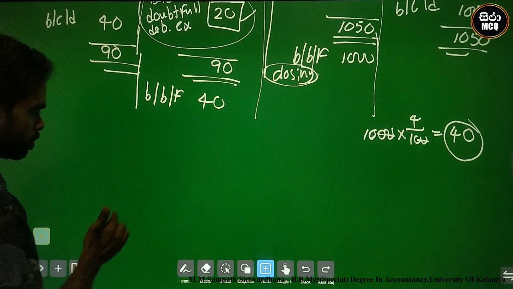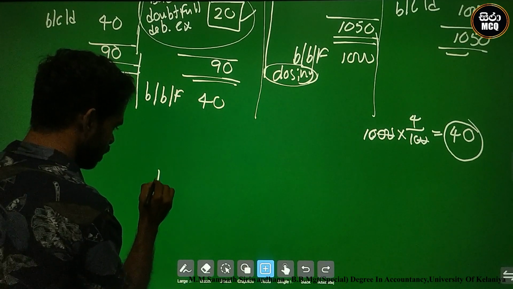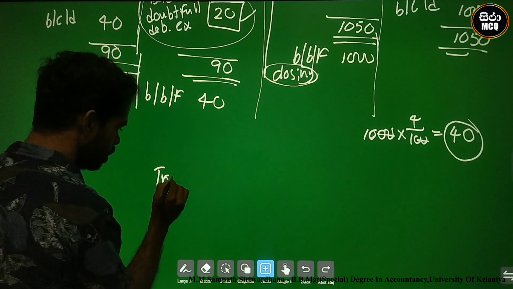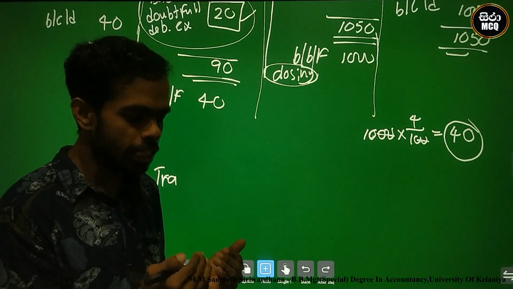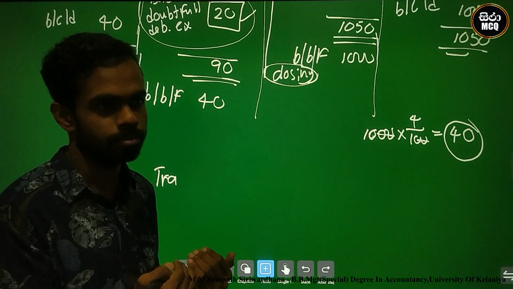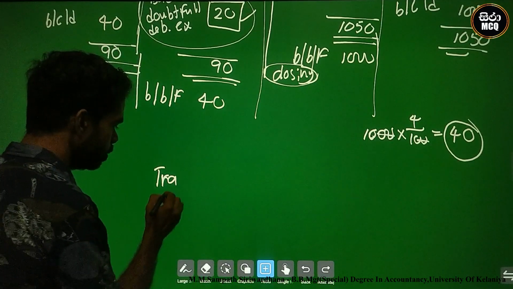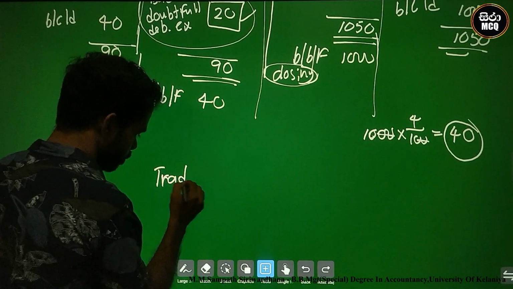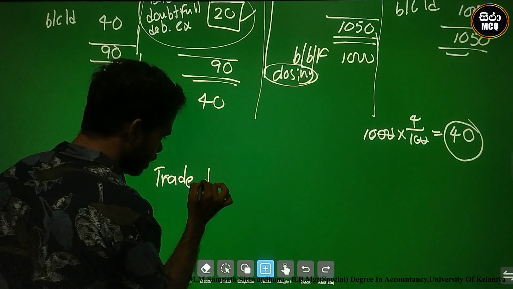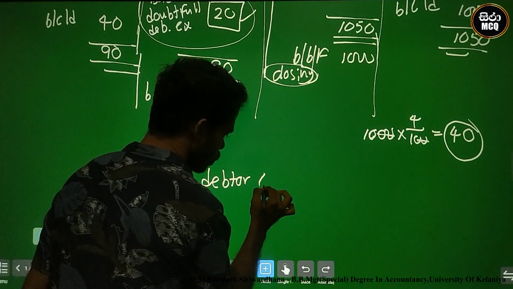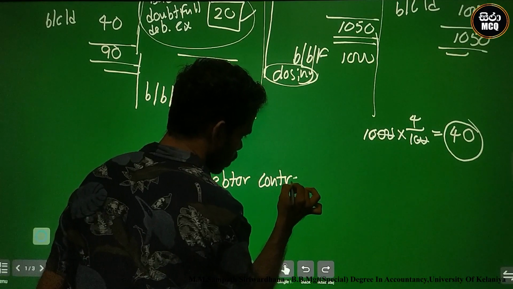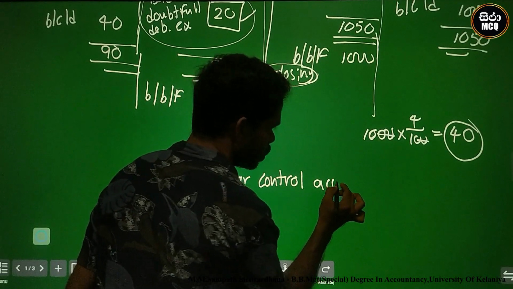Carrying amount, trade debtors. Carrying amount means the balance, the net effect of the trade debtors. Look here. We must extract the trade debtor control account closing balance.